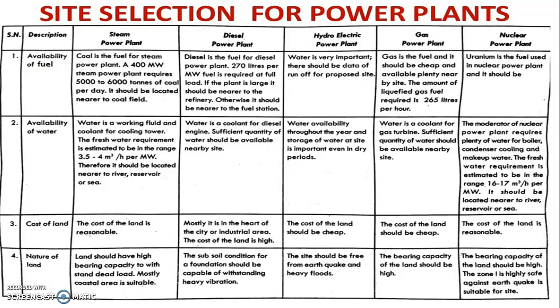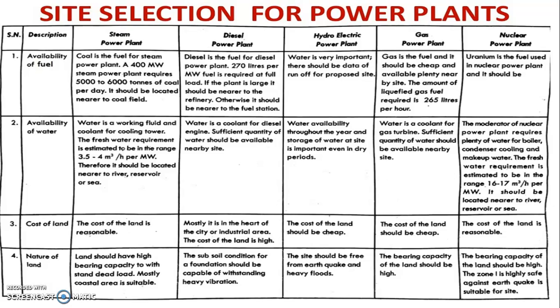Then gas power plant: we use gas as the fuel, so we have to plan the site near the gas power station. Then nuclear power station: here we use uranium as the fuel, and it should be located near that.